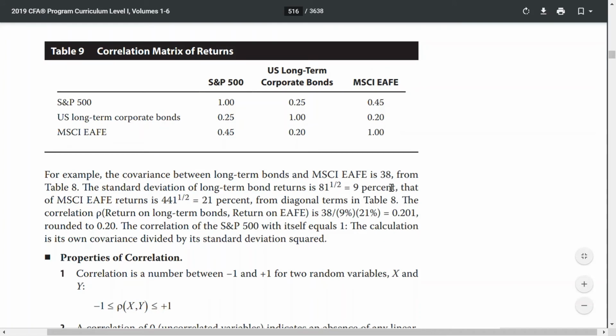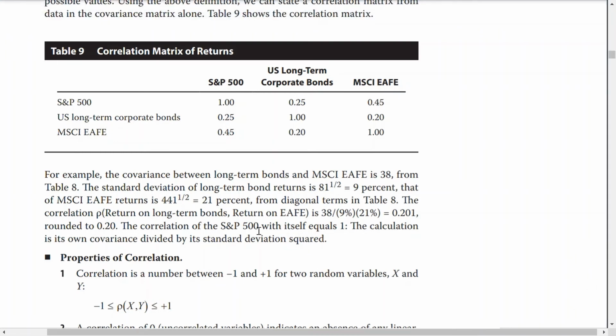From Table 8, the standard deviation of long-term bonds' return is 9%. The MSCI return is around 21%. For the off-diagonal term of Table 8, the correlation of the return on long-term bonds and the return on EAFE is 38 divided by 9% multiplied by 21, which is 0.201, rounded to 0.2, which is around 20%.